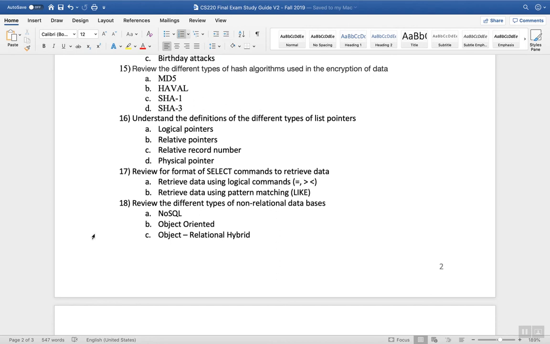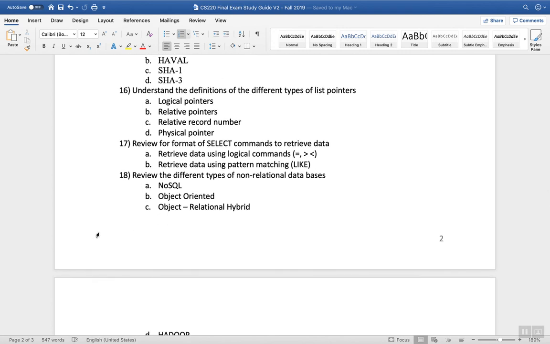And remember, the way that would work: if you say something is like XYZ star, it'll look for everything that begins with XYZ. If you look for star XYZ, the opposite, it will look for XYZ at the end of the record. And if you say star XYZ star, it'll match any pattern of XYZ it sees in that field. So it's done on a field basis.